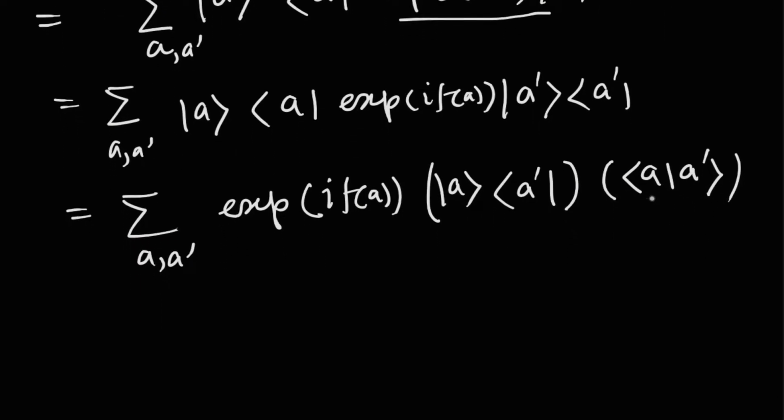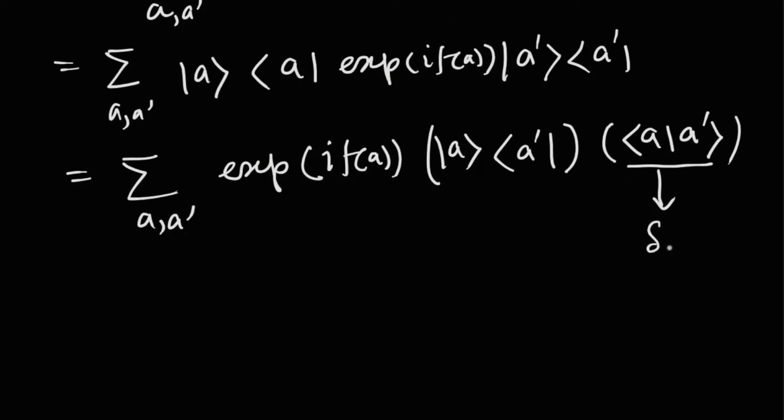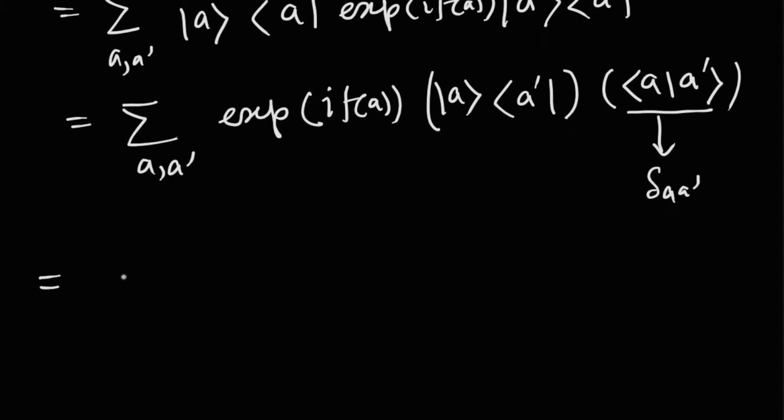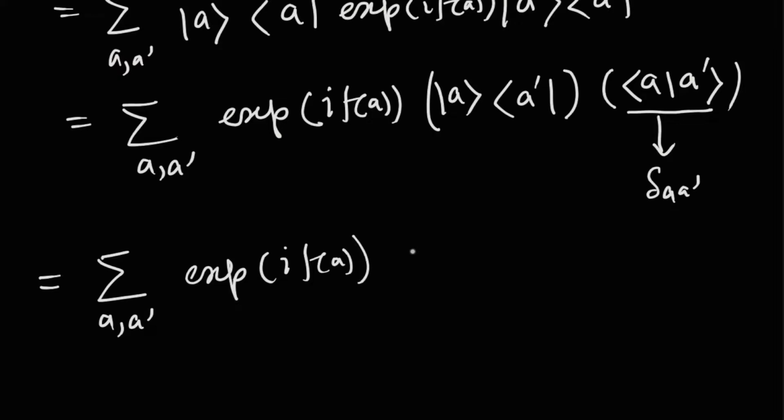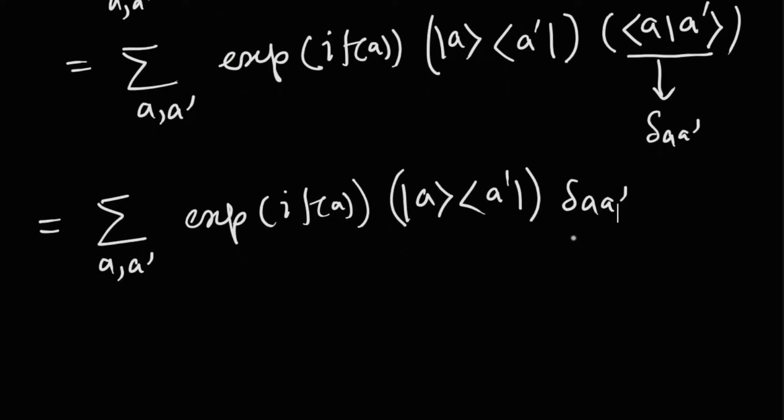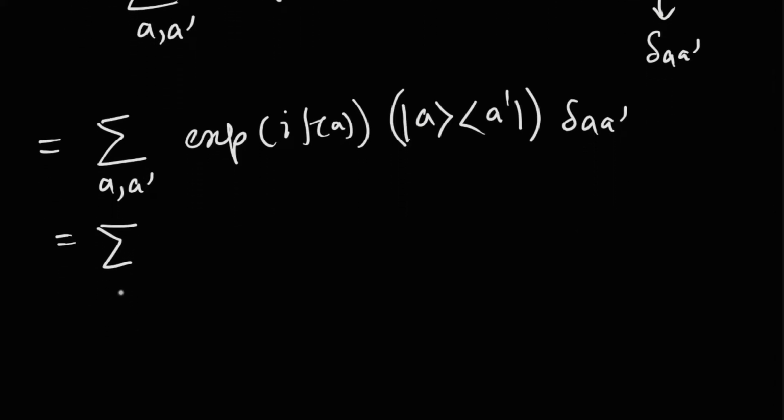Since these are orthonormal states, that means this equals delta a a'. That means the summation will become summation over a, a' of |a⟩ exponential of i f(a') delta a a'. That means it will look like summation of |a⟩ exponential of i f(a) ⟨a|.